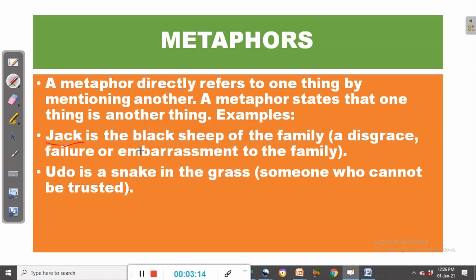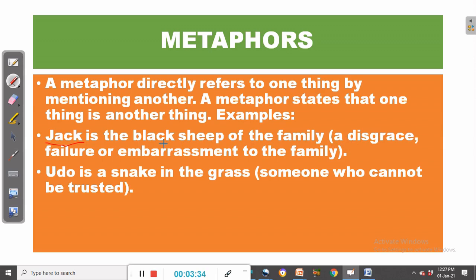So what is it telling us? You have to look at what does black sheep refer to? Black sheep of the family. Now, this person is simply saying that Jack is a disgrace, a failure, or an embarrassment to the family. That's simply what it means.